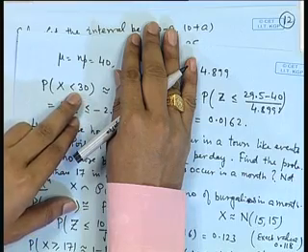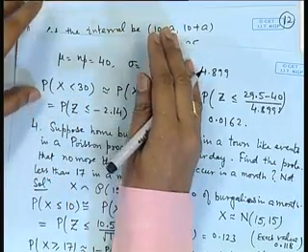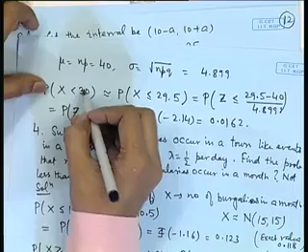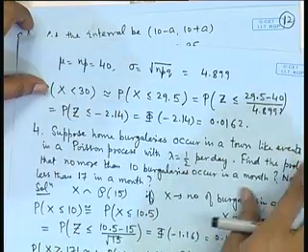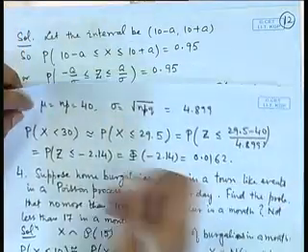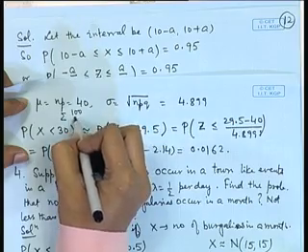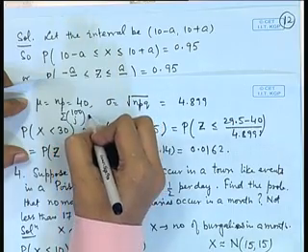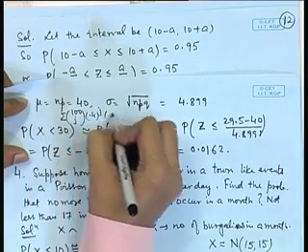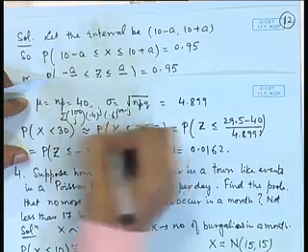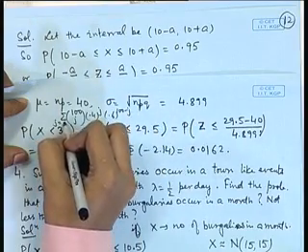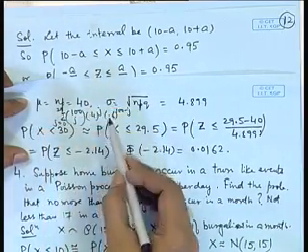Now, if we look at the actual calculation using the binomial distribution, this reduces to the sum of 100 C j times 0.4 to the power j times 0.6 to the power 100 minus j, for j equal to 0 to 29.